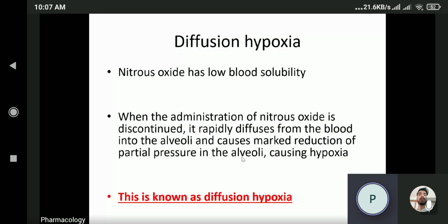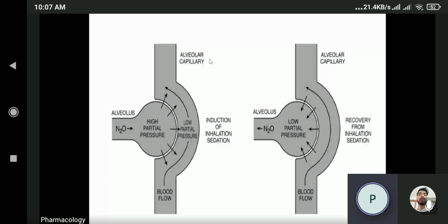If you see in the figure also, this is for the onset of action. Nitrous oxide rushes in; it has a faster onset of action and goes into the blood compartment very fast, from a high partial pressure of nitrous oxide to a low partial pressure during induction.